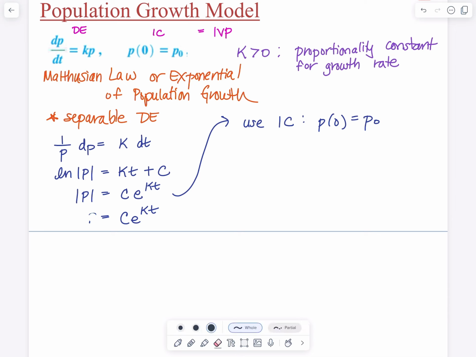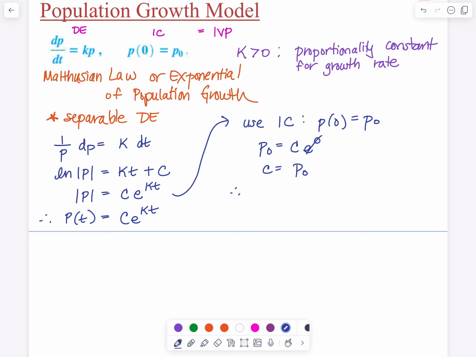Now we can use our initial condition: at time 0, the population is equal to P naught. So P naught is equal to C e to the 0 power, so C is equal to P naught.